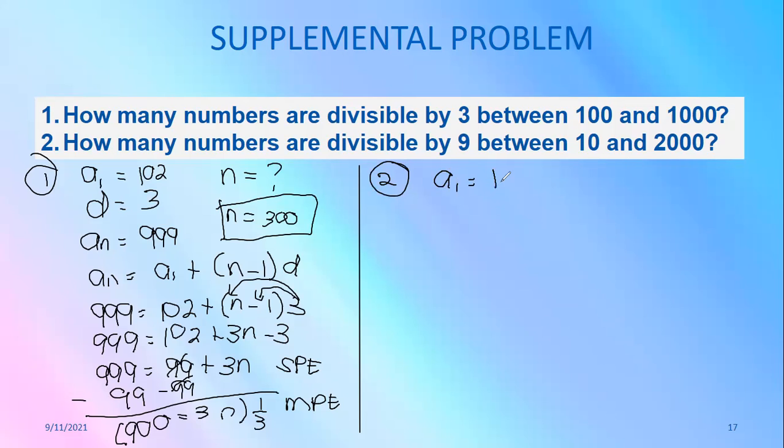So wala namang iba, 18 yung mas malaki dyan, no? Yung next na divisible by 9. Okay, next. So since they're divisible by 9, ang common difference nga, that is equal to 9. Ang nth term mo, largest number between 10 and 2,000, which is divisible by 9.